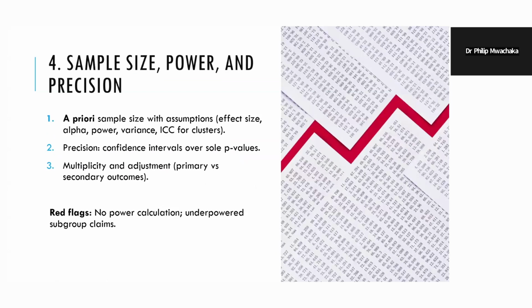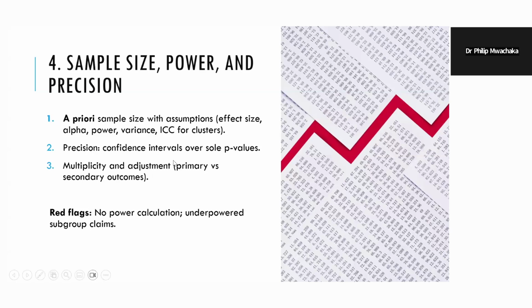So basically, there are tools that can really help you in doing critical appraisal. Then the other thing that we talked about was the sample size. It is key to look at how the sample size was derived, and whether there was any power and precision. Assumptions must be stated clearly, for example, the effect size for the study, the power, variance, and such things.